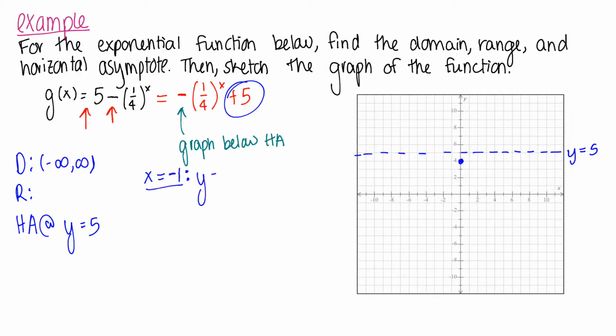And then we get y equals negative 1/4 raised to the negative 1 plus 5. So that's negative 4 over 1 raised to the positive 1 plus 5. So negative 4 plus 5, which is just 1. So this is the point negative 1, comma 1.